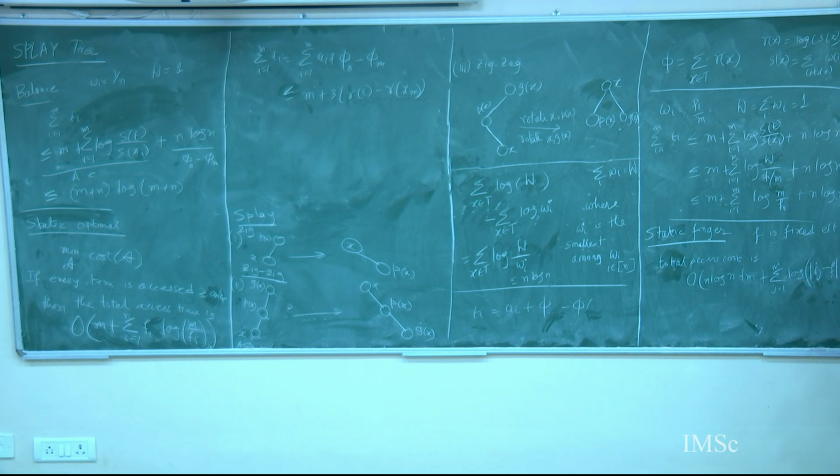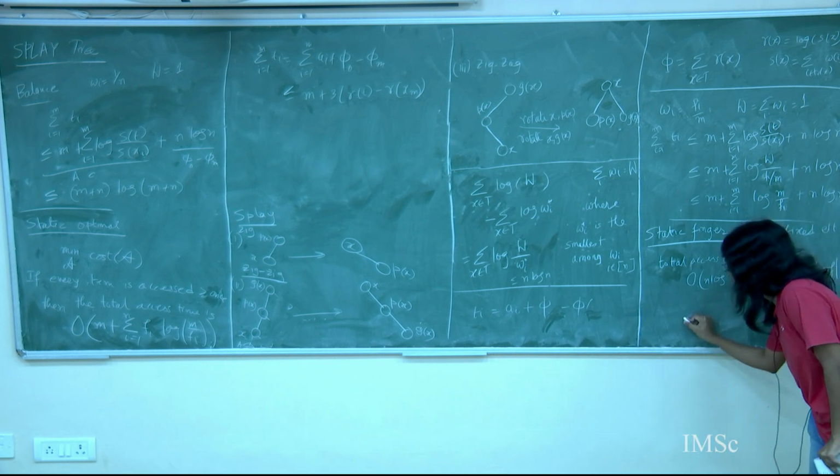So we'll see that for splay also we can give an upper bound like this. Based on what we are doing so far, what can I pick as the weight? I can keep a fixed weight or I can change the weight as well, but here we will keep a fixed weight.